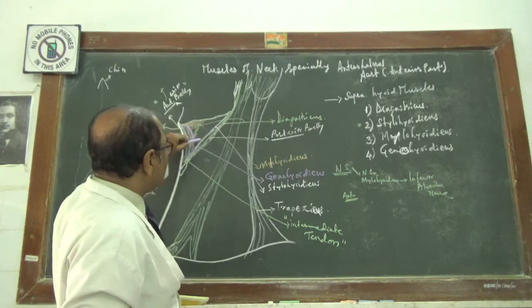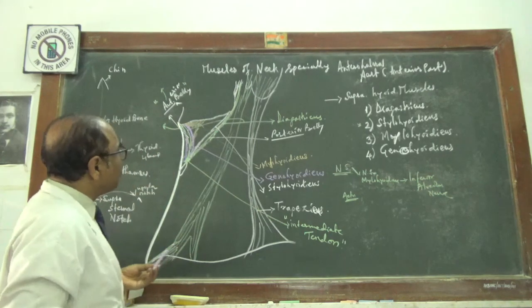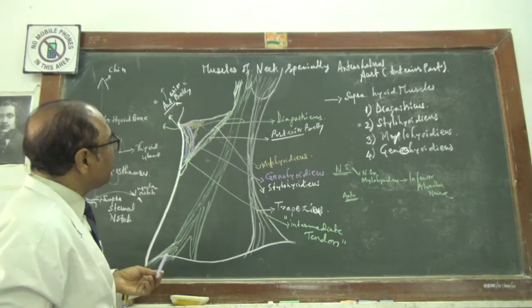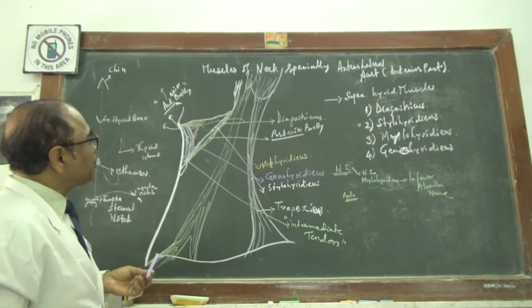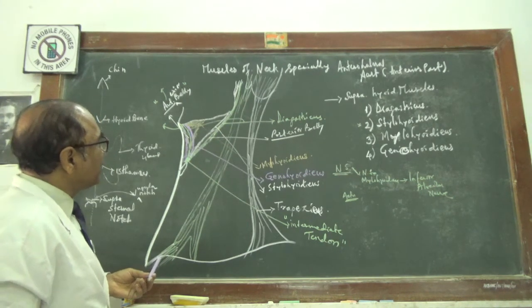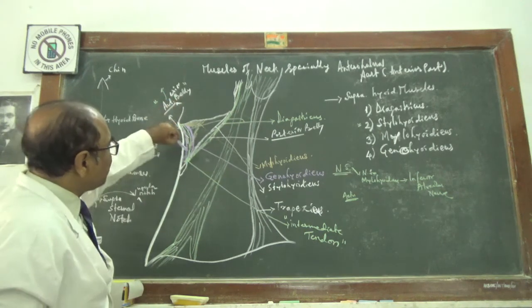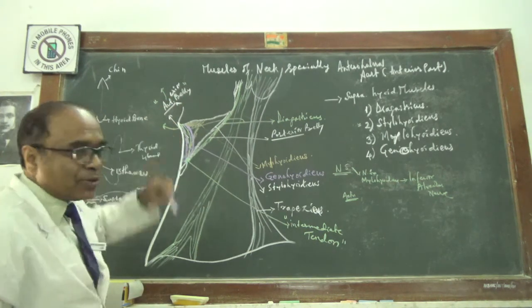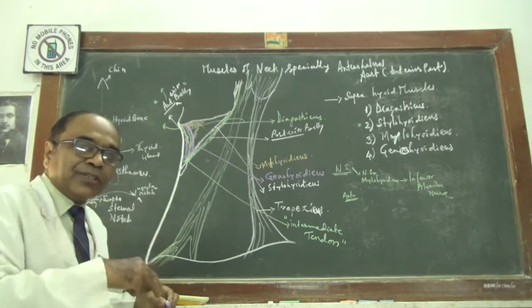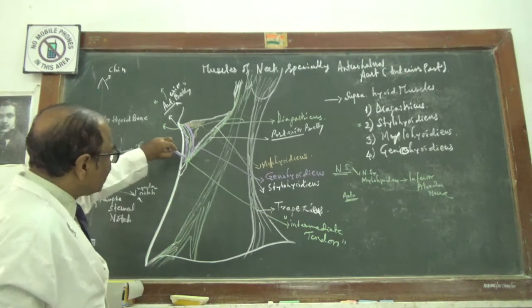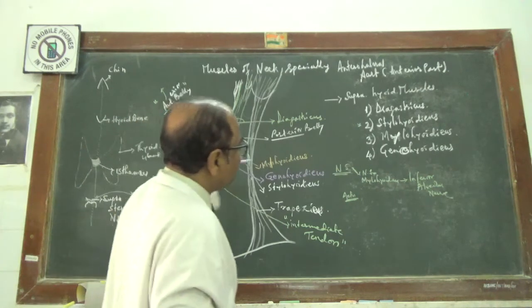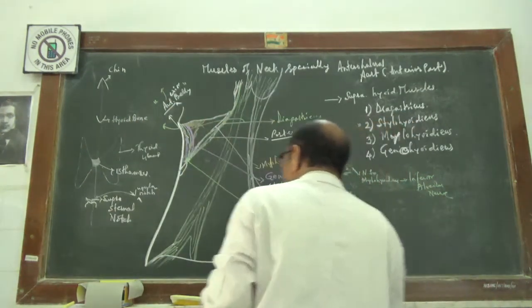From there it runs straightaway deep to the posterior belly of the digastric, but superficial to the stylopharyngeus. Then this muscle inserts on the intermediate portion of the hyoid. So this is called the stylohyoideus.